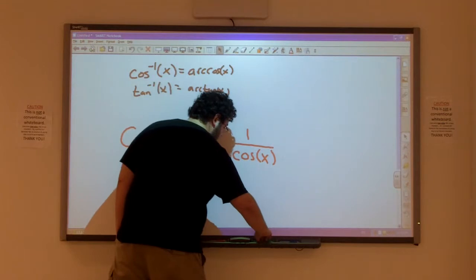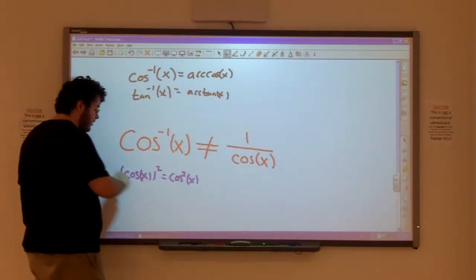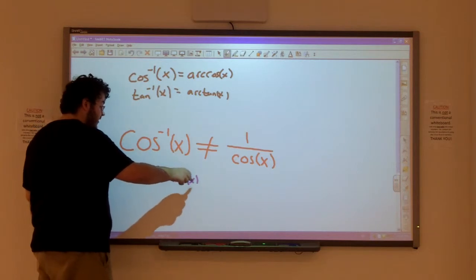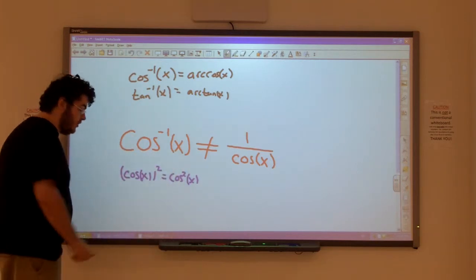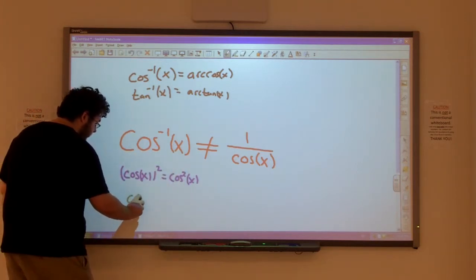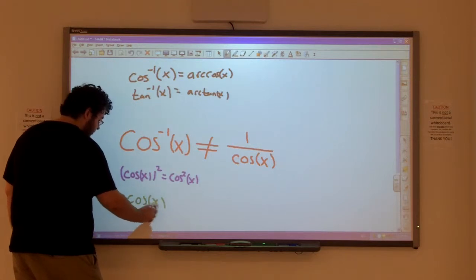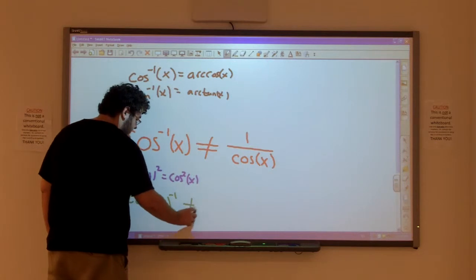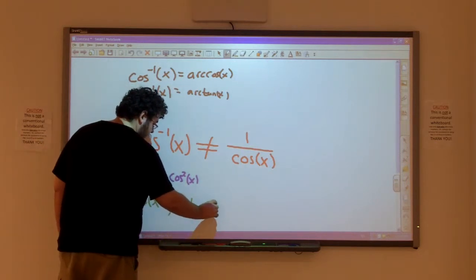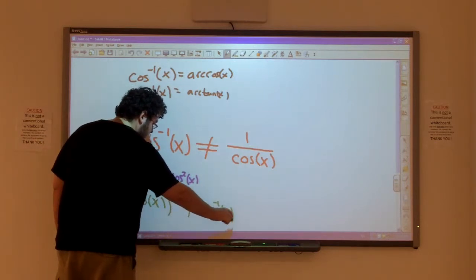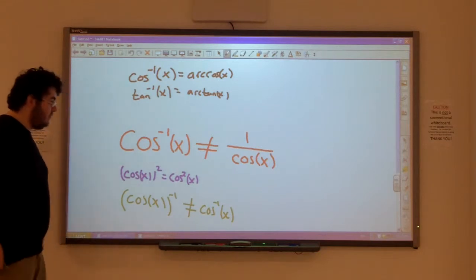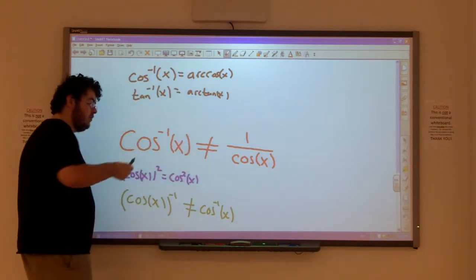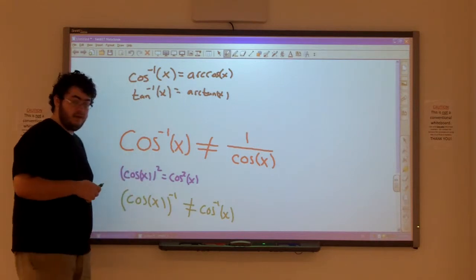However, even though we say this for all exponents, cosine to the n is cosine n of x, we don't do this for -1. So cosine of x to the minus 1 is not cosine inverse of x. This may be one of the reasons some teachers prefer the arc tangent or arc cosine, so there's no confusion between these two things.